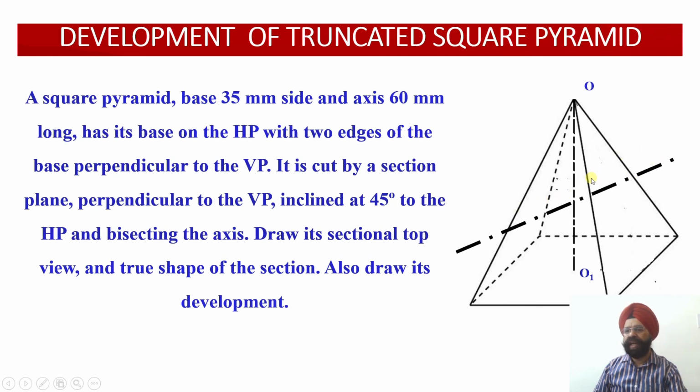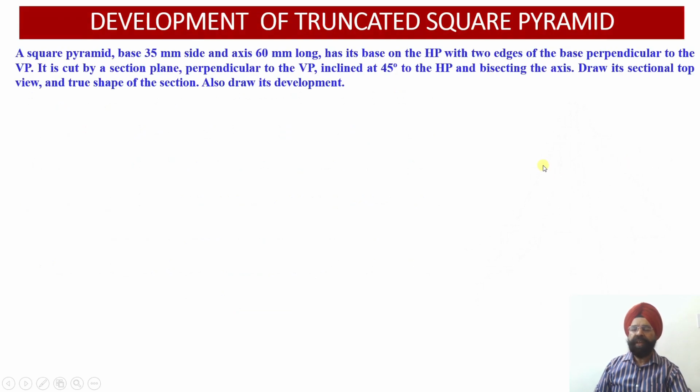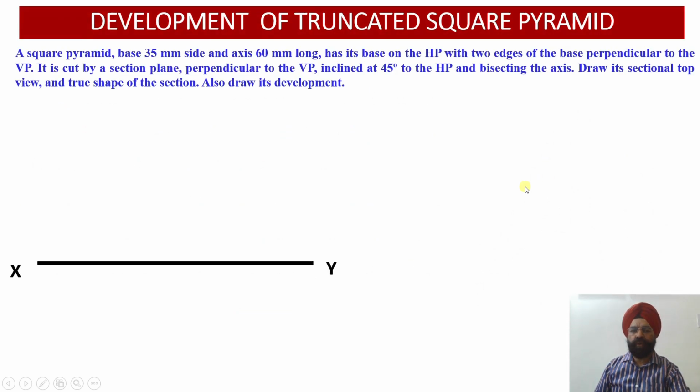So there are 4 slant generators over here. So it is going to cut all the slant generators of this square pyramid. So 4 points of intersection will be there between this cutting plane and the 4 slant edges of the square pyramid, right? So let us start working out the projections of the solid to begin with.